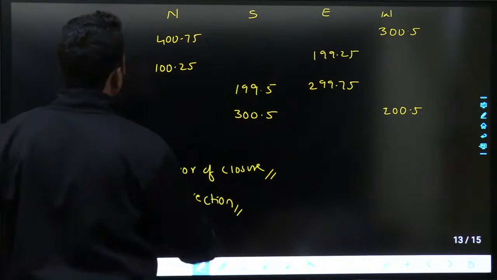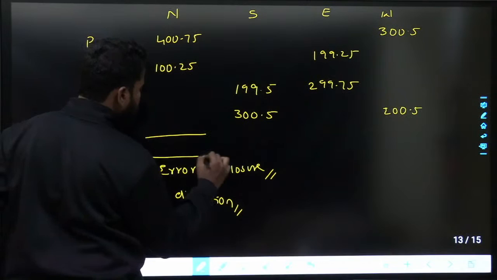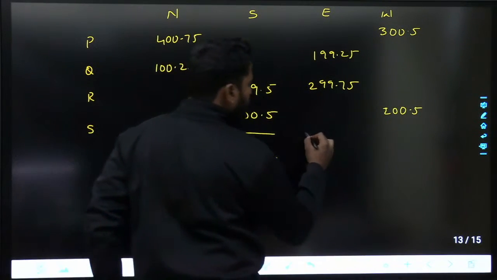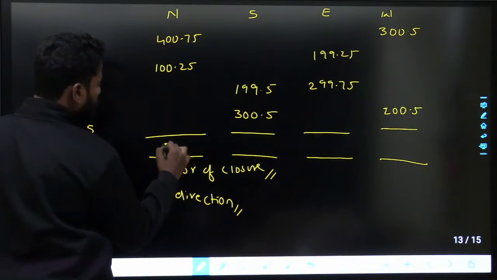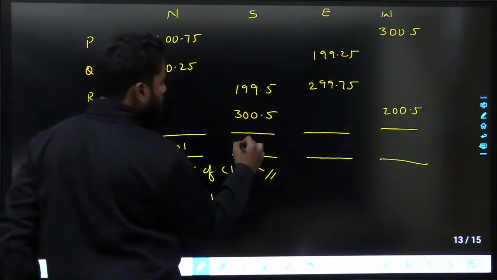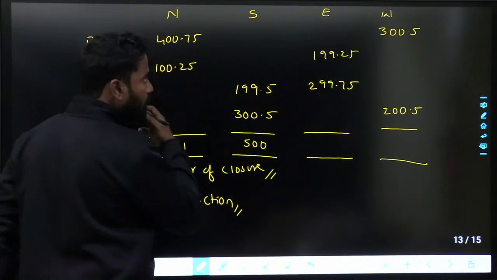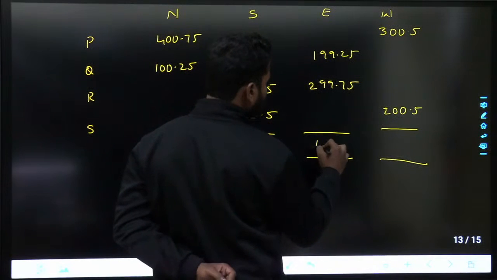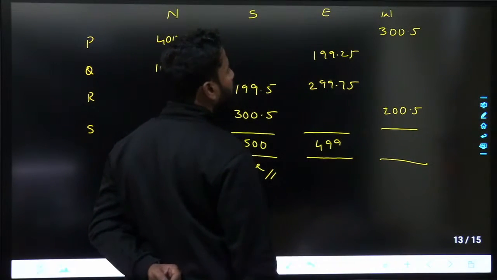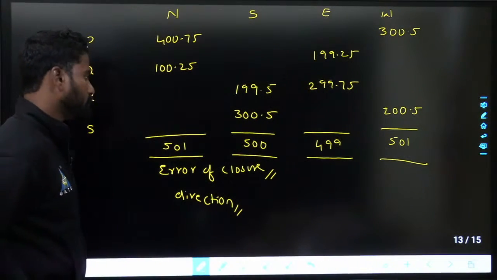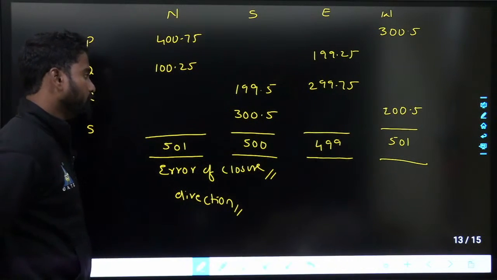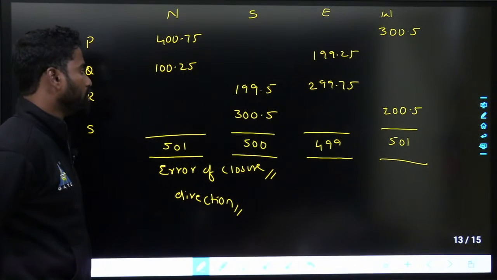Fine. What is the sum of the northings? Just find out the sum of everything. I think it is 501. Sum of southings 500. Sum of eastings 499. Sum of westings 501. Okay.